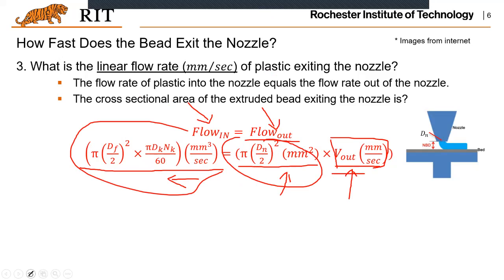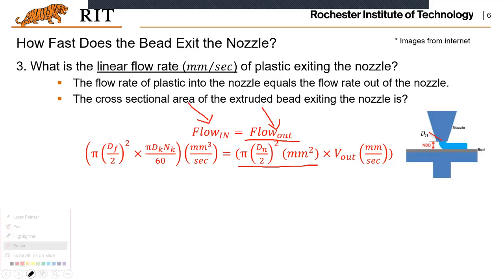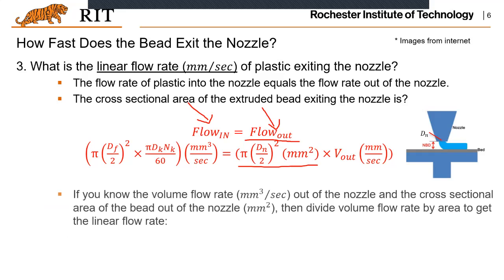Let me again do a little cleanup. All right. So for this part, any questions? No? Yeah, I think if you follow the steps, it shouldn't be difficult to understand, right? And basically this V out is what we are looking at, right? That's the material speed for exiting from the nozzle.